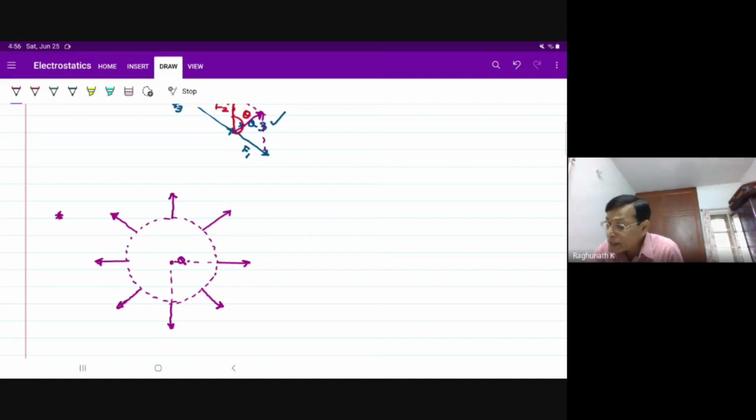All these directions can be put, on the plane, as radial lines, radial to the circle of radius R.